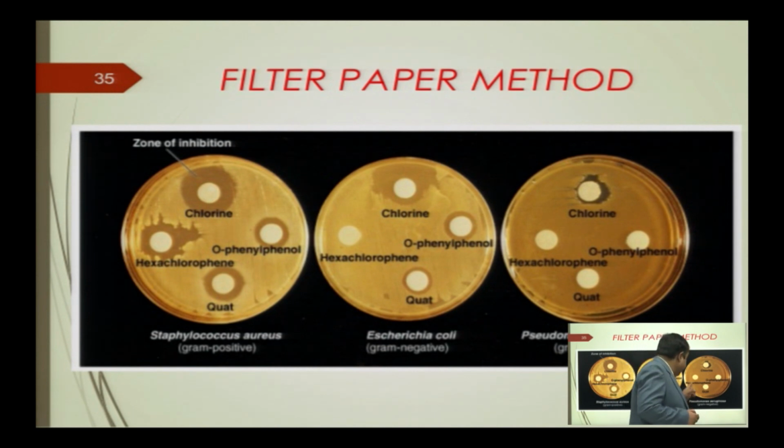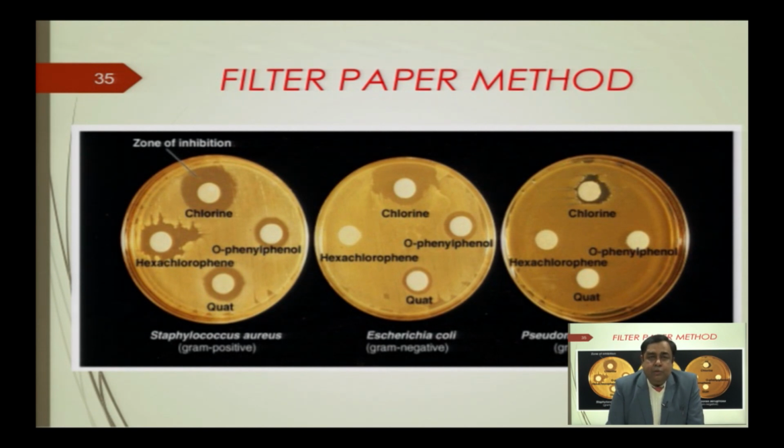It is another microorganism belonging to the gram negative group. It indicates that one particular chemical may be active against one microorganism, but that same chemical at that same concentration may not be active against another microorganism.